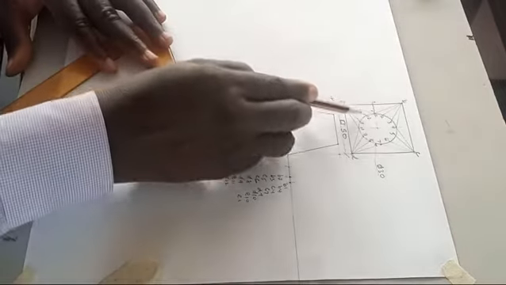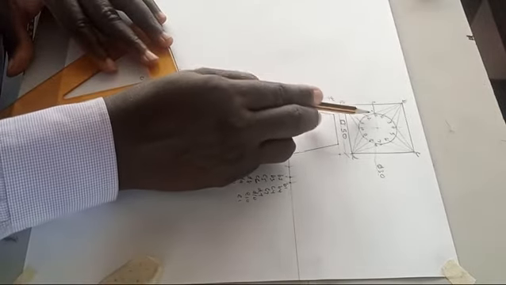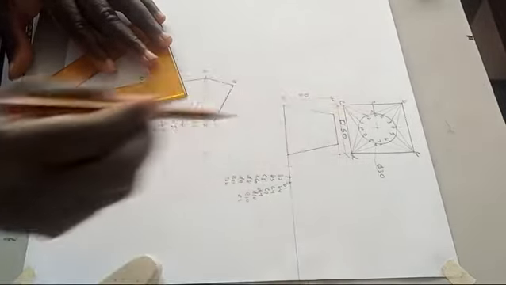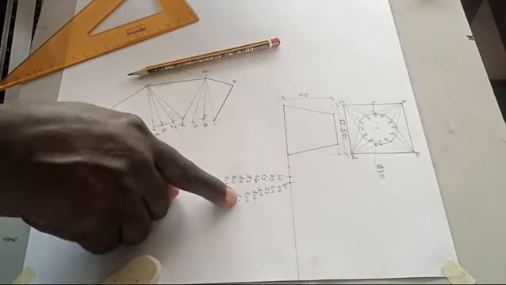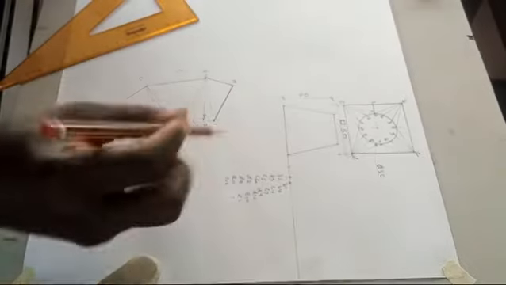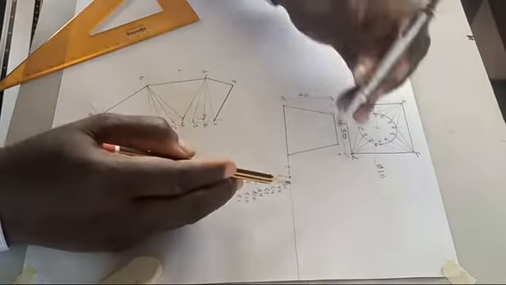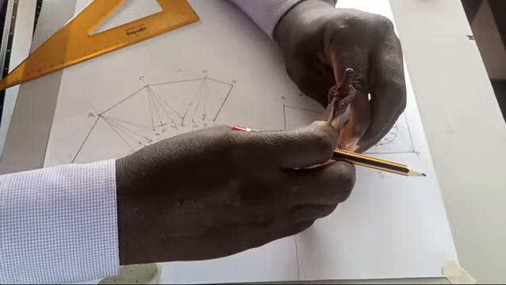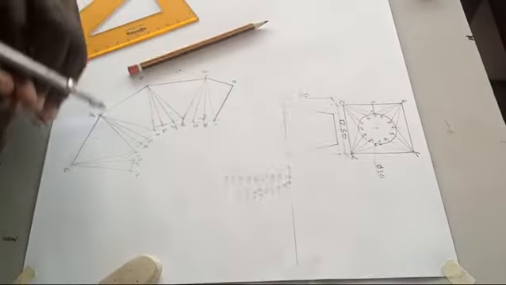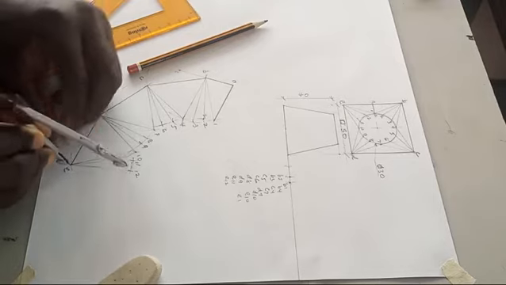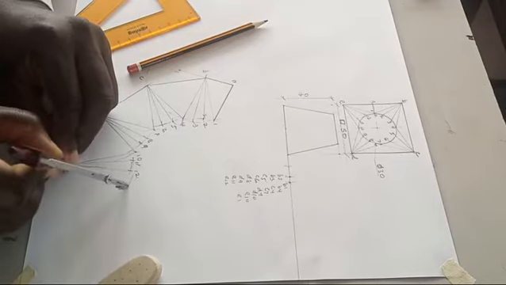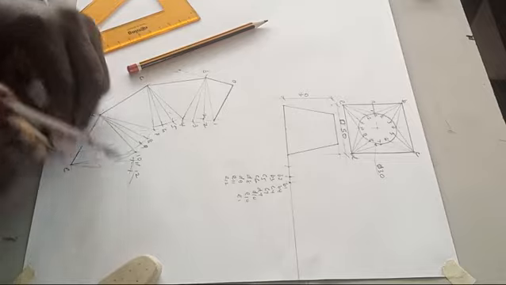So after 12, now we are back to 1. E going to 1. And E to 1, where is it here? E to 1 is here. So this is the true length. You put it up here, extend it to that point, and put it on E and look for 1.